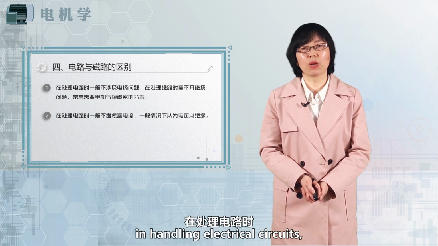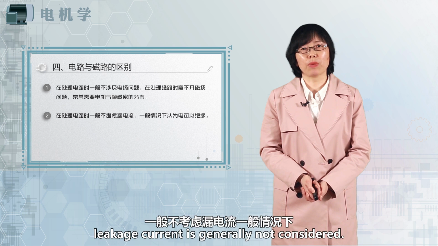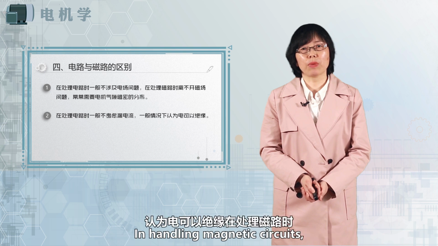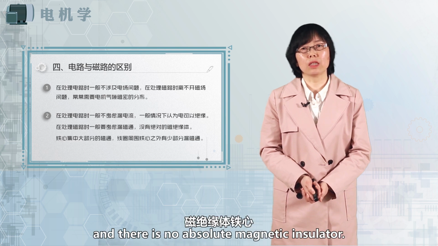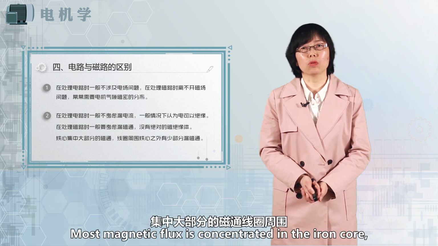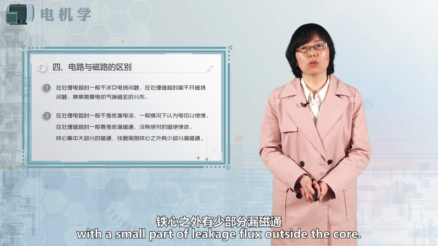In handling electrical circuits, leakage current is generally not considered. In handling magnetic circuits, leakage flux is generally considered, and there is no absolute magnetic insulator. Most magnetic flux is concentrated in the iron core, with a small part of leakage flux outside the core.